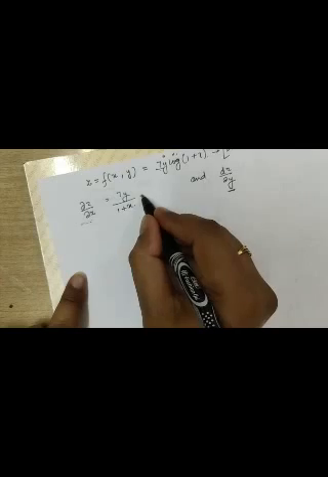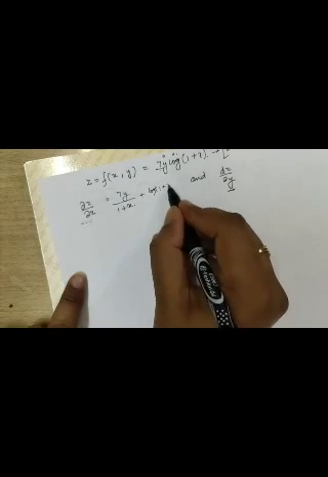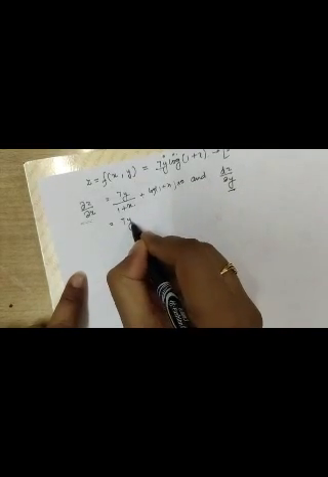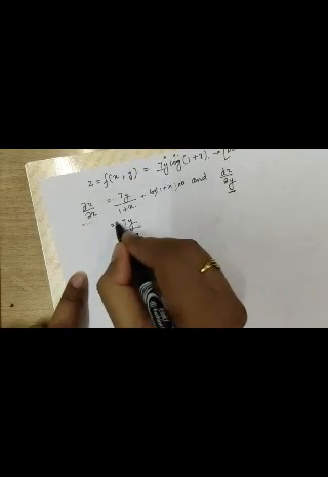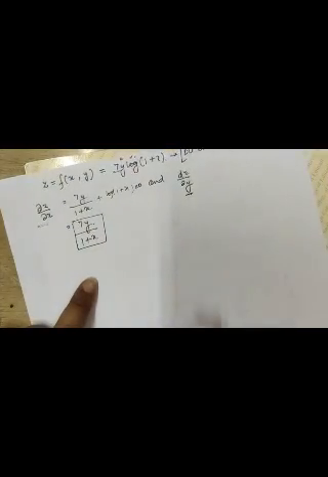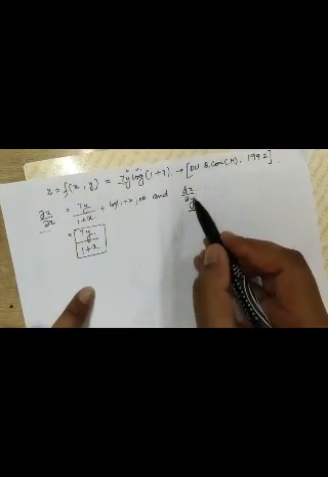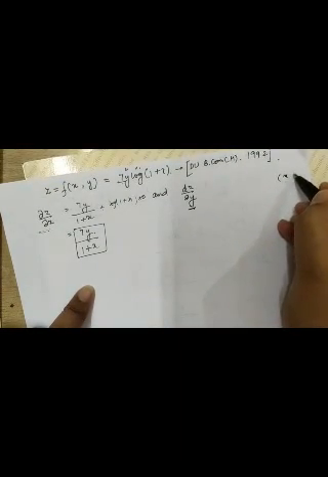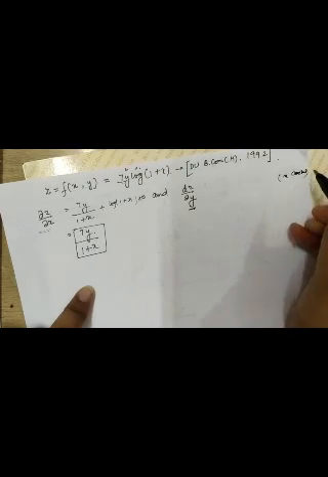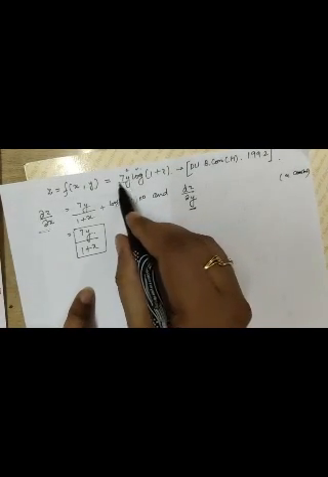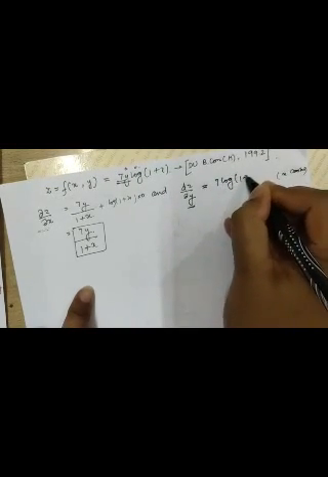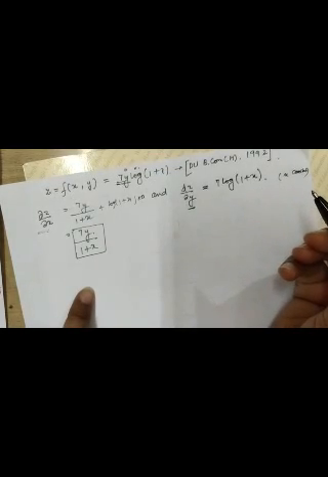Then if you differentiate 7y, that is constant, so it is 0. So our answer will be 7y by 1 plus x. Now we have delta z by delta y. We consider x to be constant here. So the result is 7 log of 1 plus x.